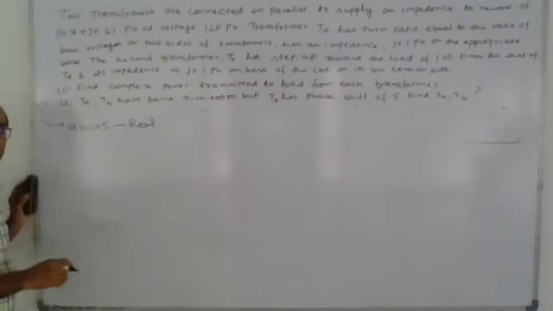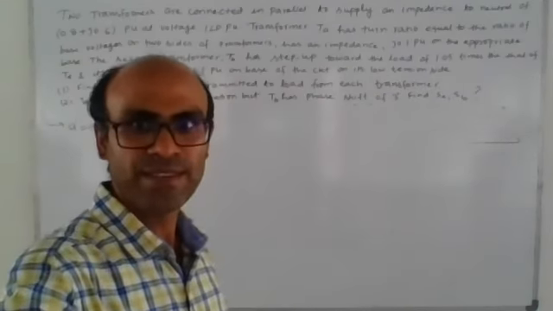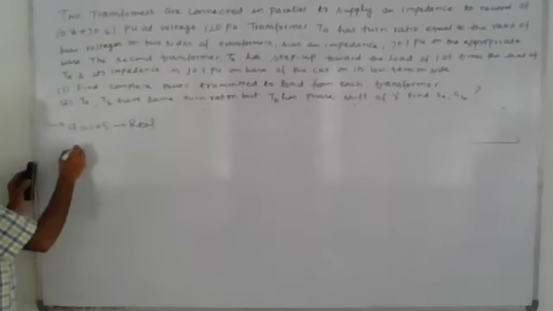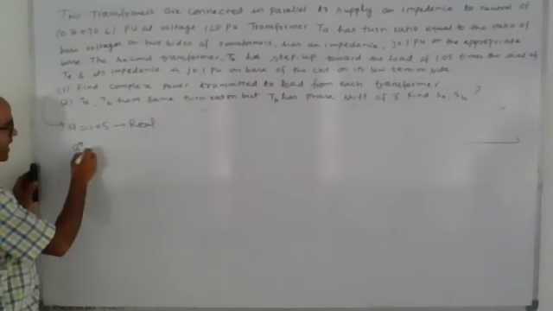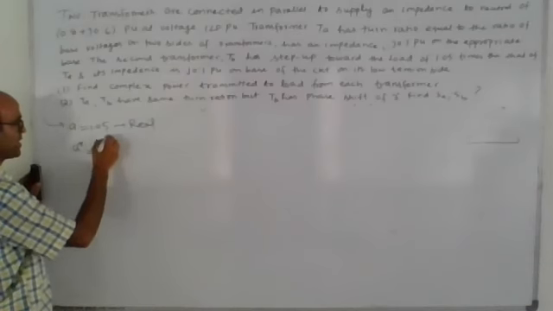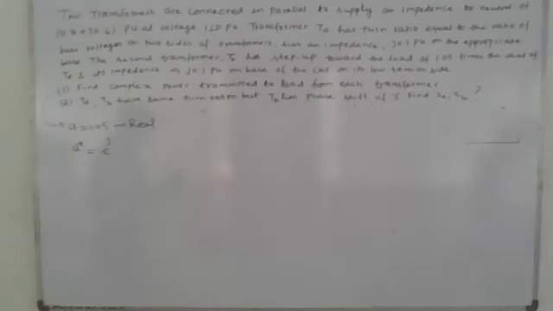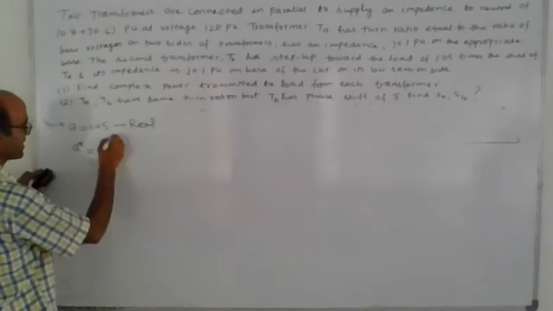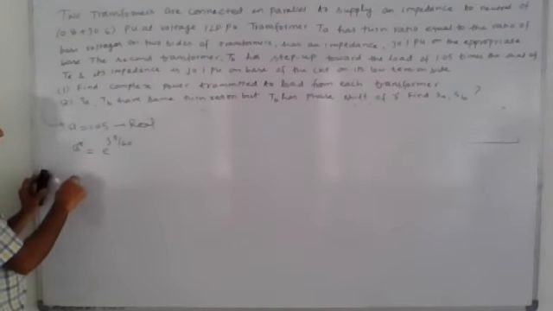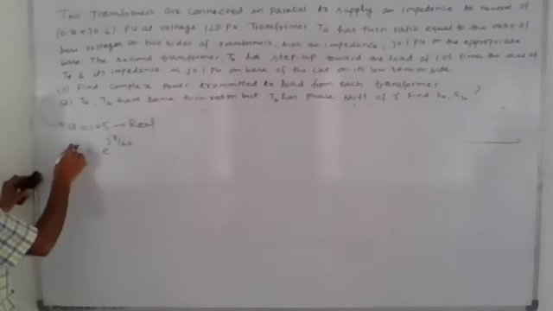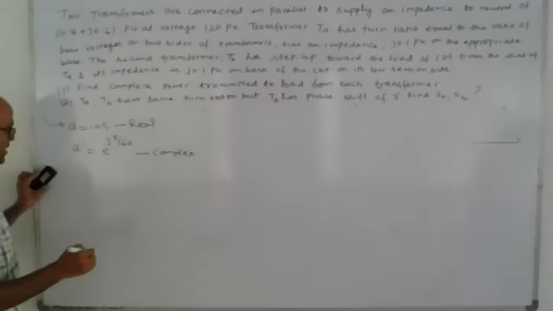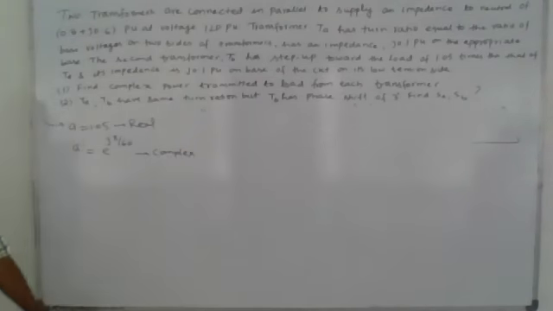If A is real, then the complex power we can change only through reactive power. If A is complex, like this given 3 degree phase shift, then A is e to the power j, 3 degrees converted to radians by dividing by 60. So this is a complex number. If A is complex, then we can change real power.